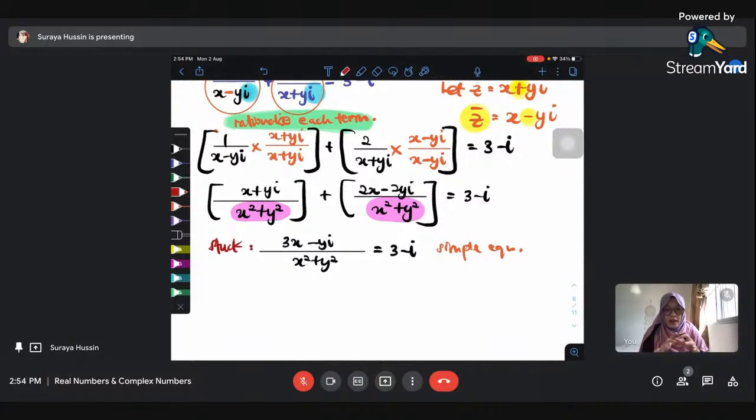This is actually where you have to separate it. Okay, see how I do it. Separate it back, separate it into 2 terms. I'll use another color.